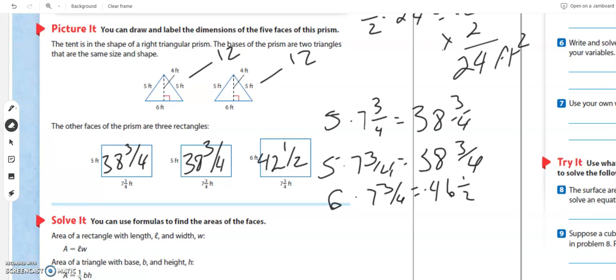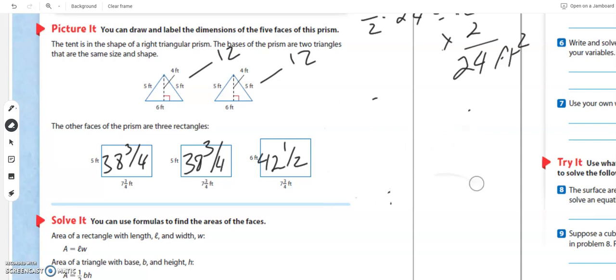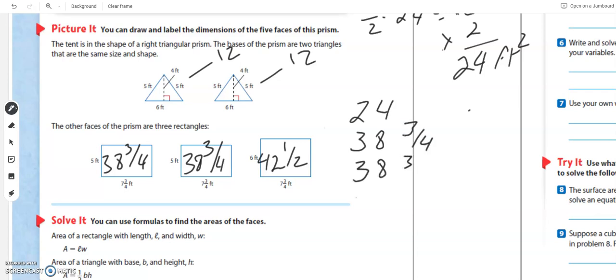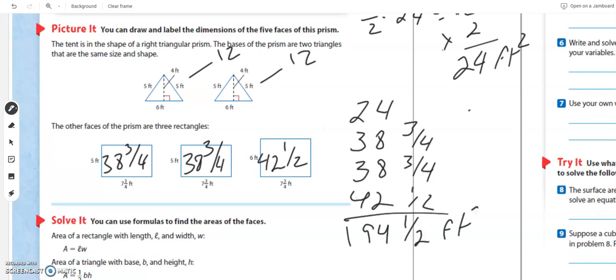So then the last step of this is to add these all together. And the final answer of this is 194 1/2 feet squared, because each one of these is feet squared.